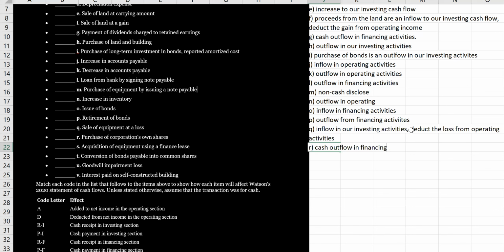S, the acquisition of equipment using a finance lease. This is going to be non-cash, disclose. And T, the conversion of bonds payable into common shares. This is going to be non-cash, disclose.